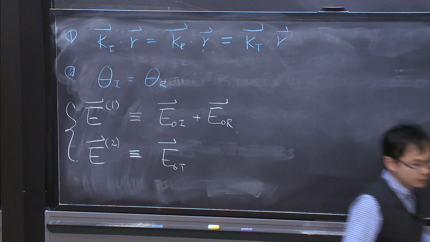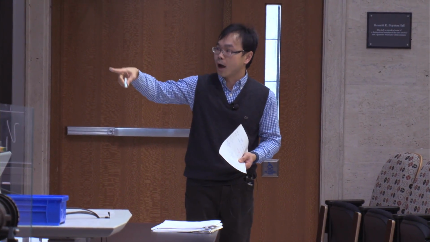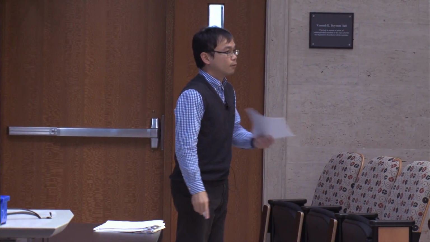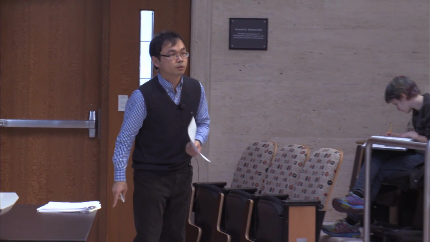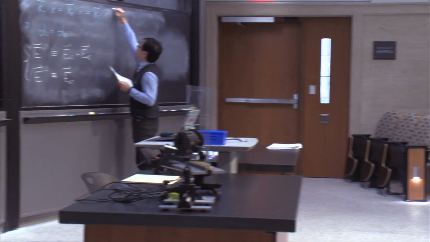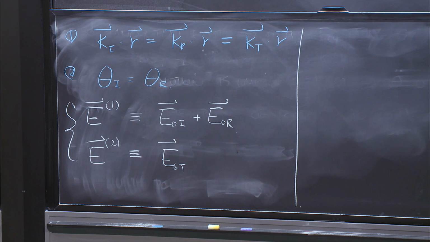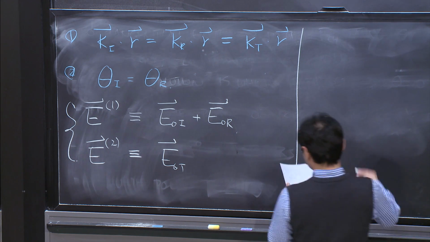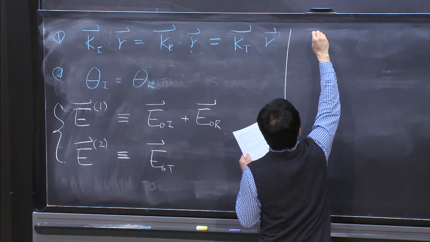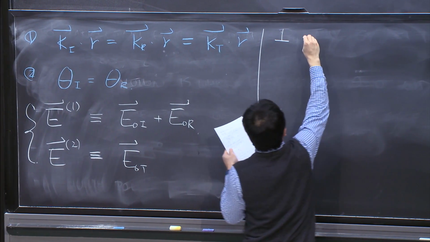The question is how to relate E1 and E2. And for that, as I mentioned, I need the help of Maxwell's equations in matter. How do we actually do that? Since we have Maxwell's equations, the first thing we can do is look at the perpendicular direction.